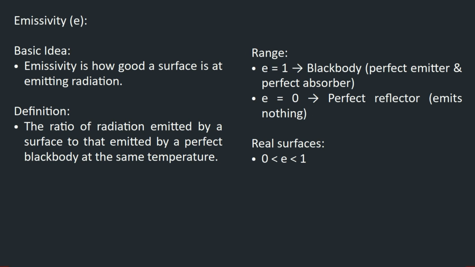So E being 1 is a perfect emitter and perfect absorber, and 0 being a perfect reflector. They emit nothing. But of course, real objects lie between 0 and 1. So 0 is obviously not so good an emitter, 1 is almost a good emitter.